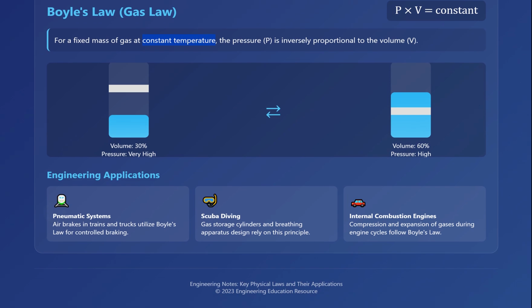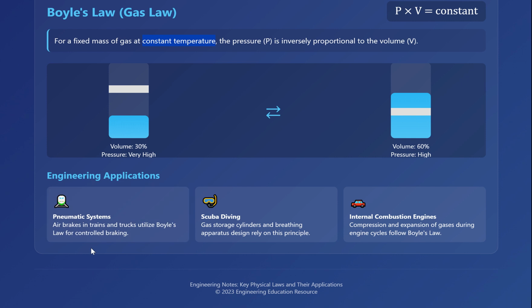Where do we apply this? We can apply Boyle's law in our air brakes, like train or our trucks. They normally apply this because for them to do braking, for these air brakes to work, they must compress air to a small volume.